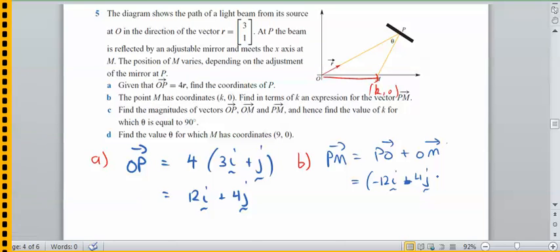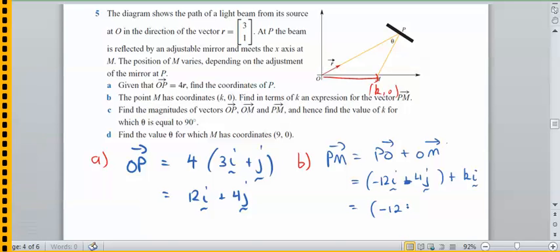And OM is actually just k, so that's plus ki. So what we've got is negative 12 plus k, i, minus 4j. So find in terms of k this position. So that's all that we've got. PM is that.